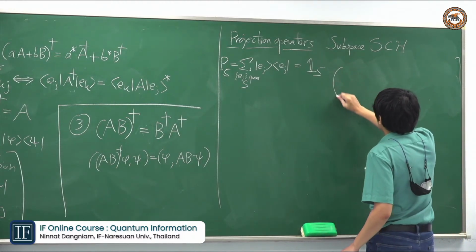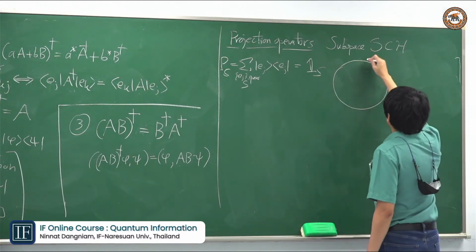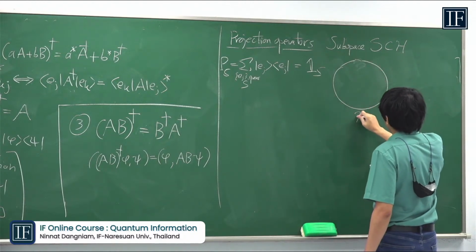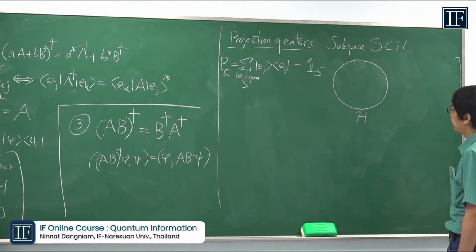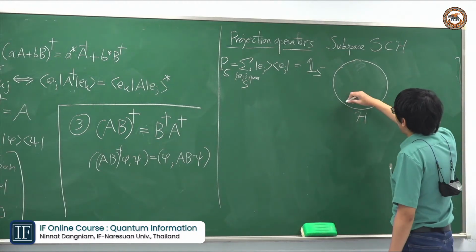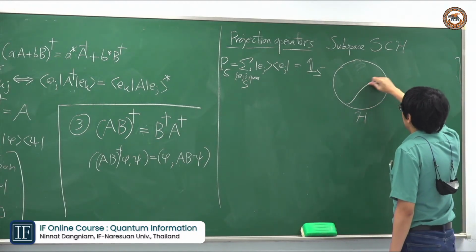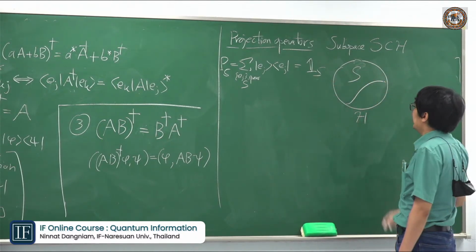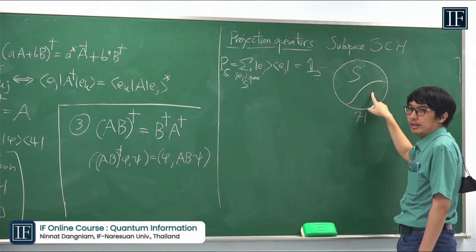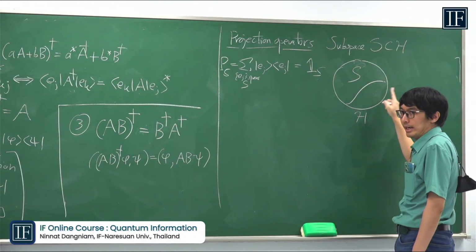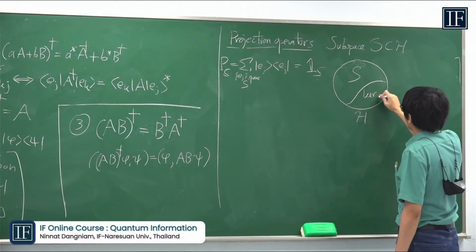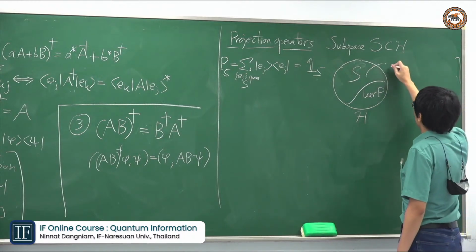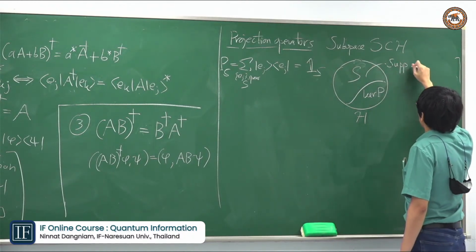Yeah, so the picture is kind of like this, right? If I have a Hilbert space here, so let's put this outside somewhere. Suppose the subspace is S, the projection operator will just project out everything orthogonal to S, right? Usually I just say that this is the kernel of the projector, and sometimes I say that this is the support.